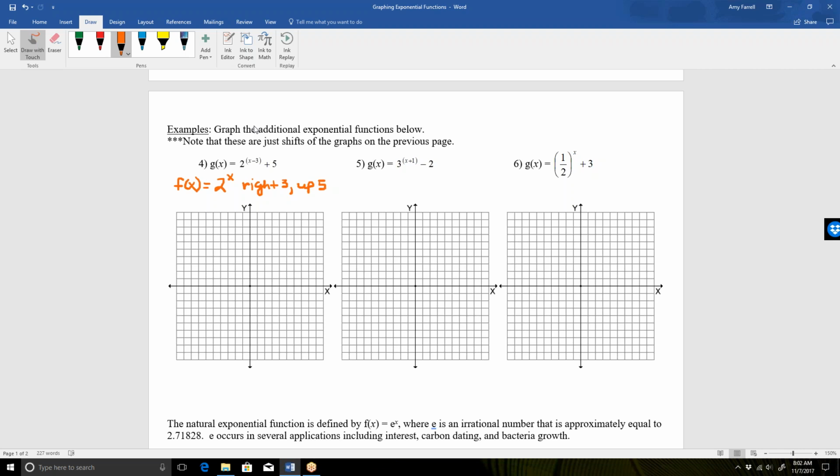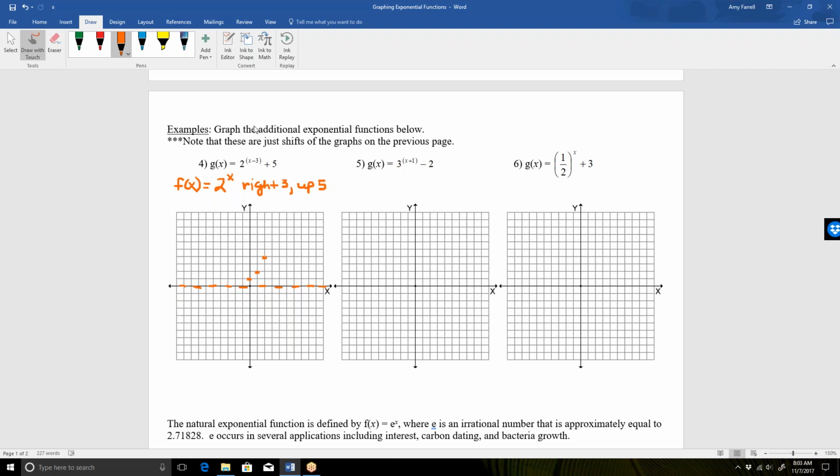All right, so I'm going to graph f of x equals 2 to the x that we did on the previous page here. And then I'll show the shifting. So we'll do 2 graphs on the same coordinate plane. So that graph had the points 0, 1, 1, 2, 2, 4, negative 1, 1/2, negative 2, 1/4.